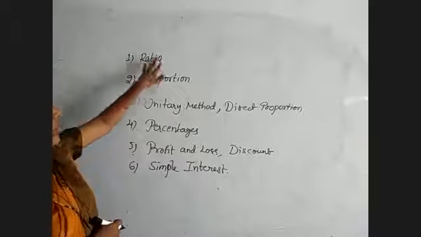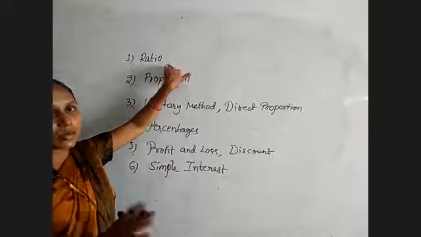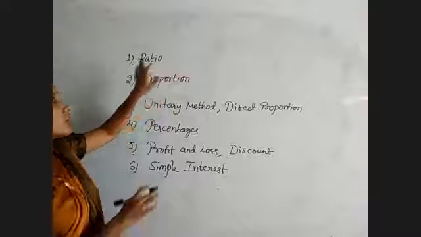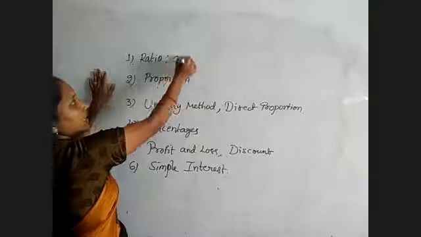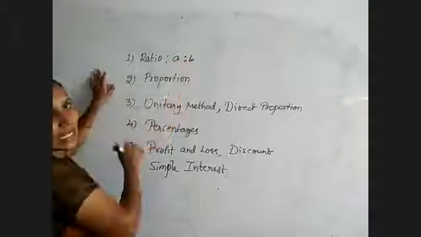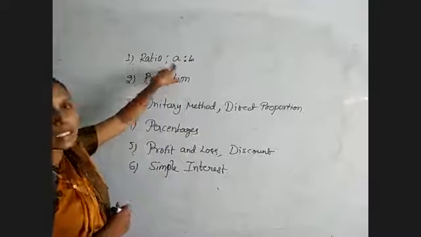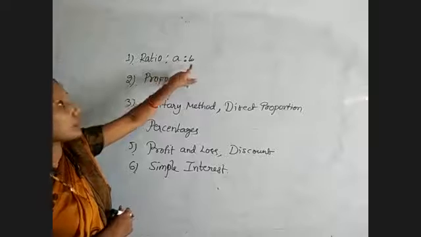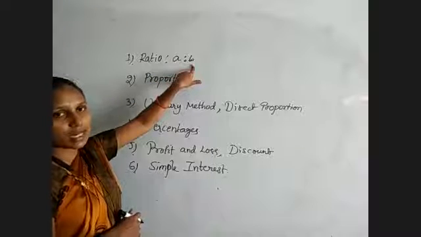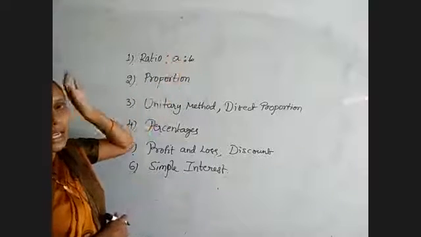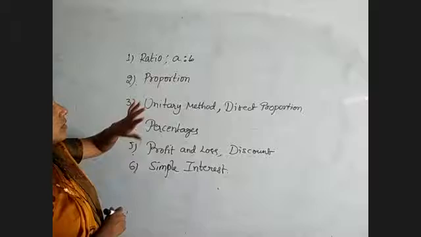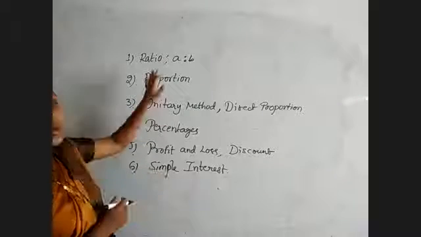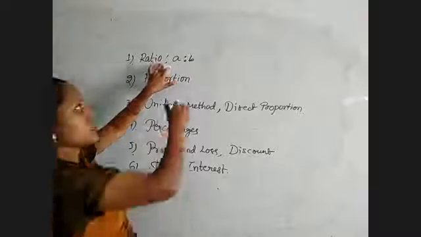Now observe, ratio is nothing but comparing two quantities using division. The general form of a ratio is A is to B. Only two terms are there in a ratio; A is the first term or antecedent, and B is the second term or consequent. And we have duplicate ratio and subduplicate ratio also.